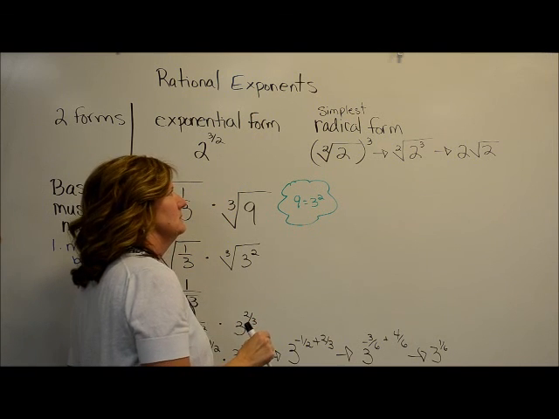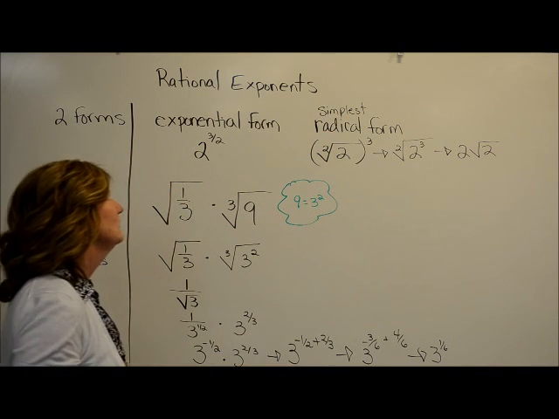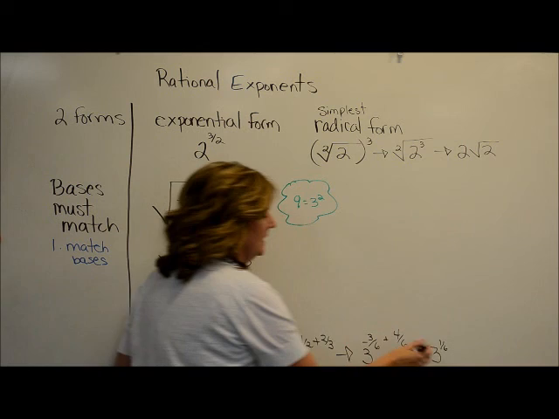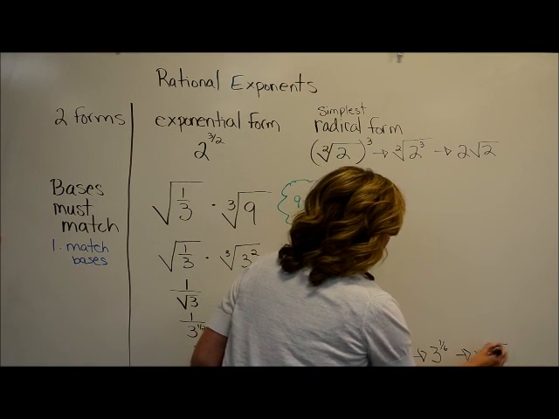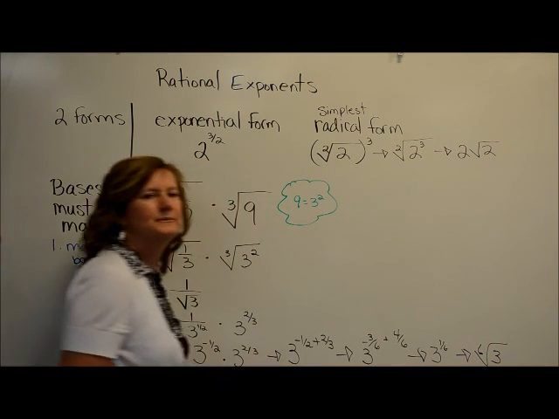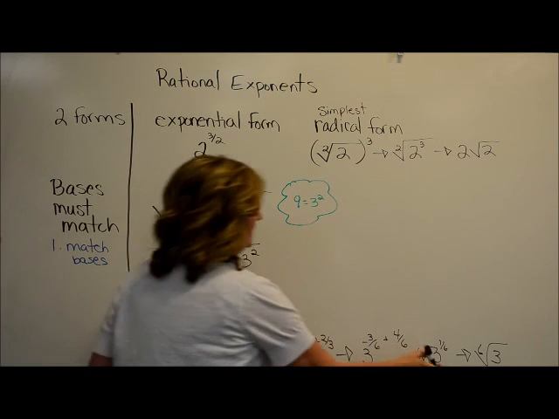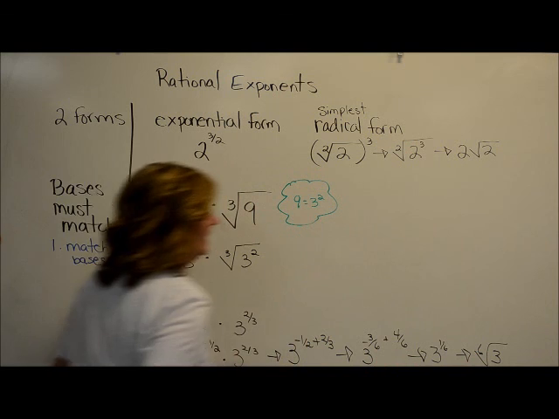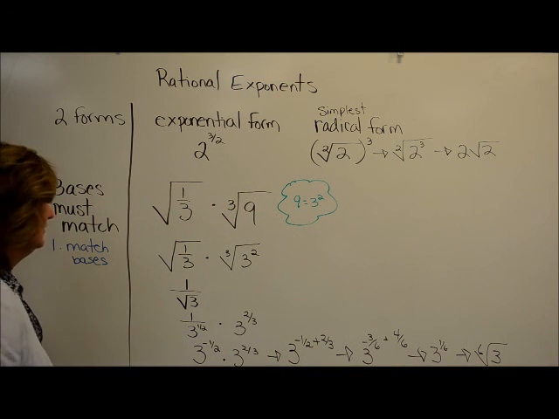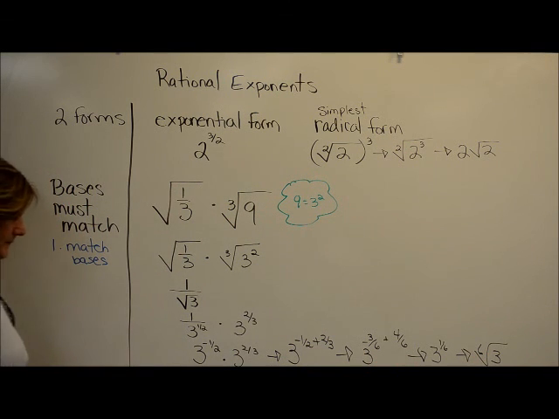Sometimes, though, they want it in simplest radical form. Okay, so it could be this, it could be the 6th root of 3. Okay, one of those two. So this is exponential form, this is simplest radical form, depending on what they're asking you for. So let's look at the steps for this. So the first step was match bases.